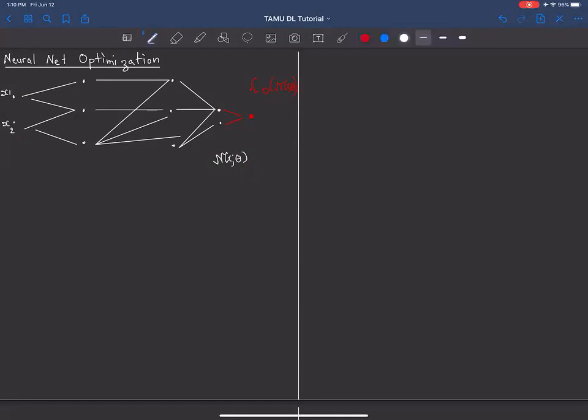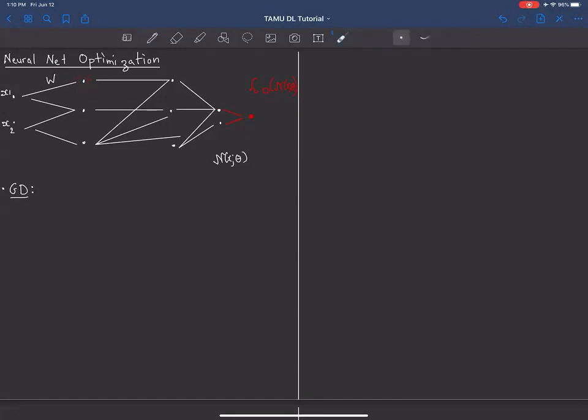What I told you, and I want to spend some time now discussing in more detail, is that neural network optimization is done by some variant of gradient descent. I call it SGD. Suppose you have some trainable parameter somewhere in the network, let's say this weight W, which connects the first component of the input to the first neuron in the first layer.